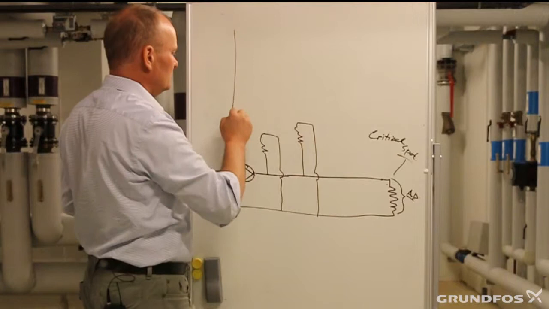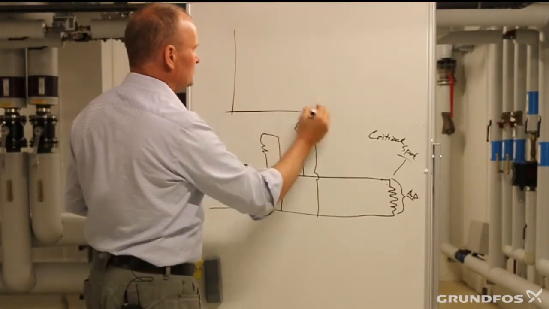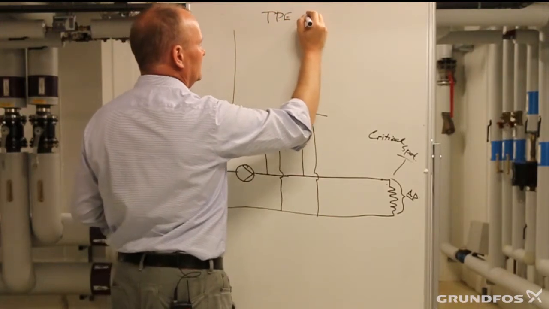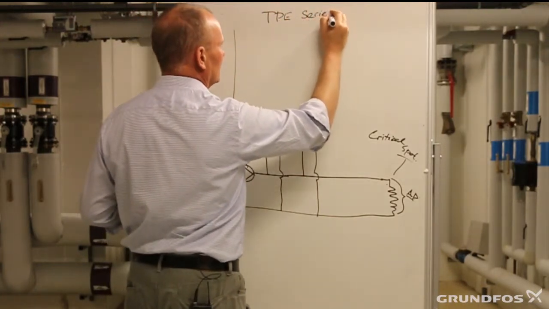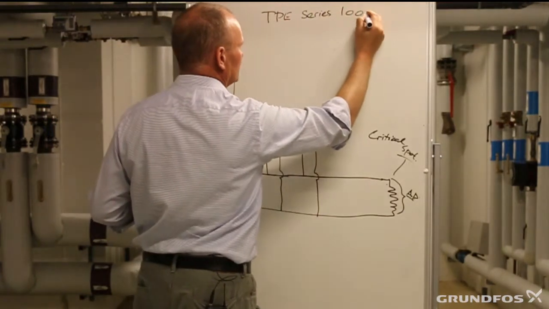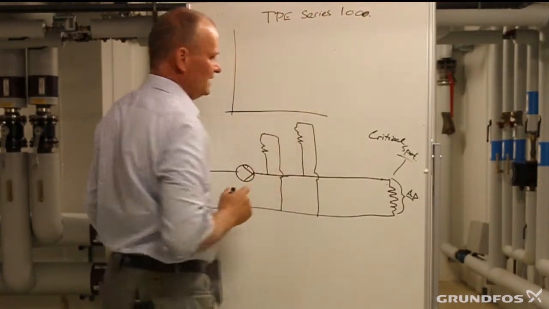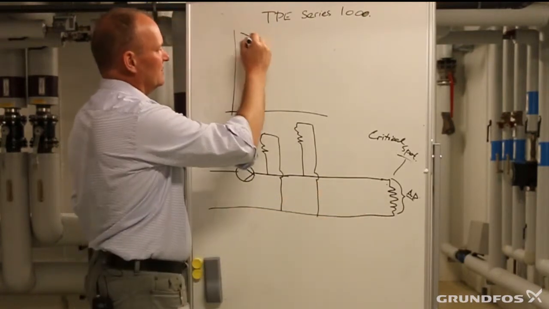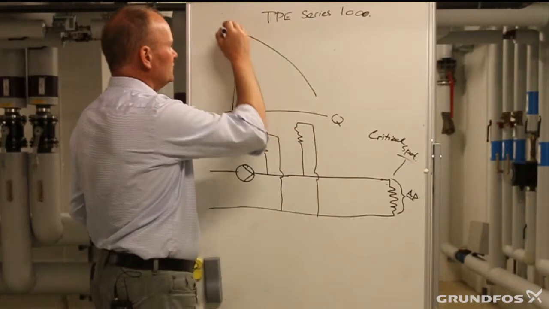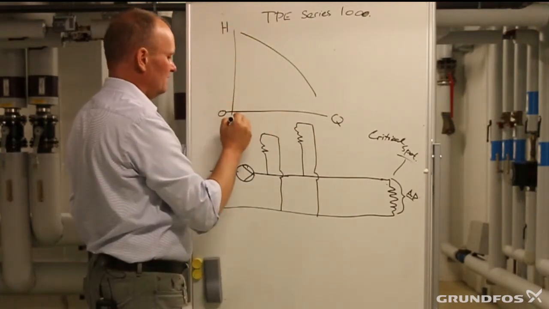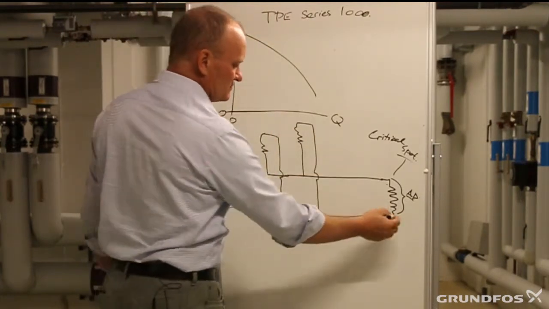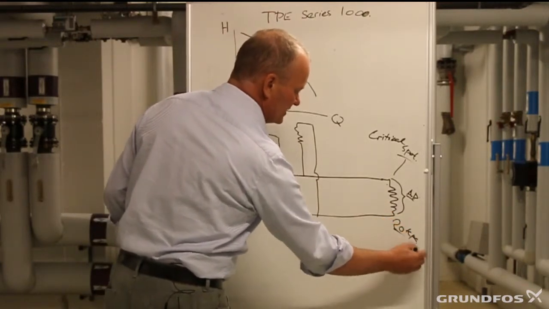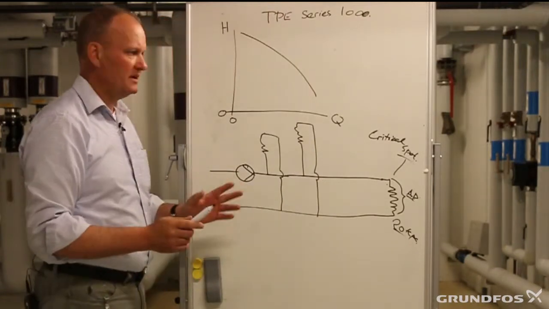Because what we can do is that we can use what we call TPE Series 1000. And what that does is that if we know, for instance, that we need to deliver, let's say, 20 kPa, 20 kilopascal out here, it's really not that important.